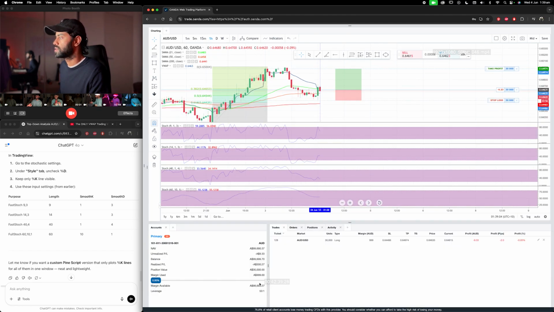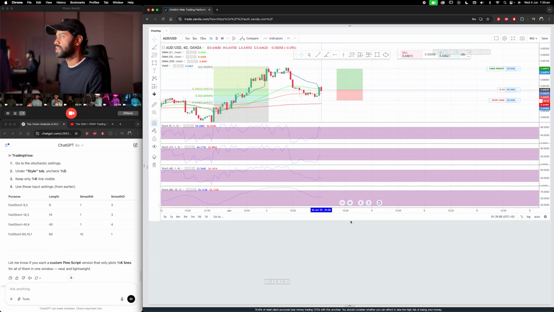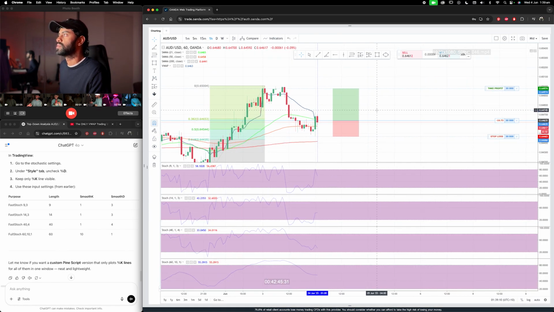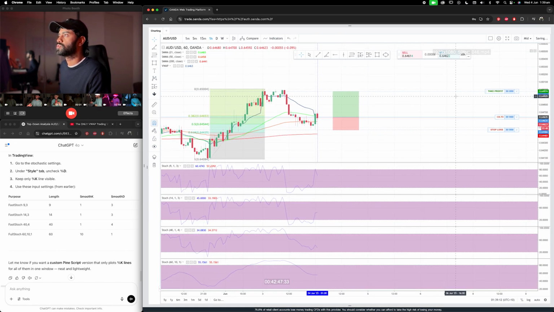So at least I can recover half of what I lost last week. So this week I've entered long position in AUD USD pair around 128, targeting 1:2 profit ratio.